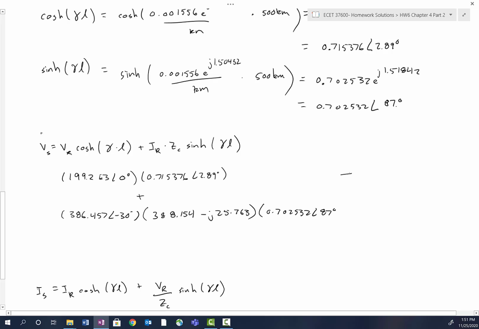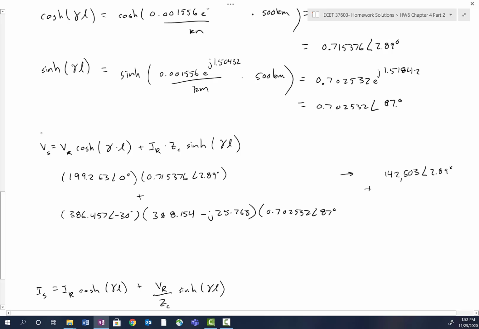So if you do that correctly, for that first voltage term, you're going to get 142,503 volts at an angle of 2.89 degrees.